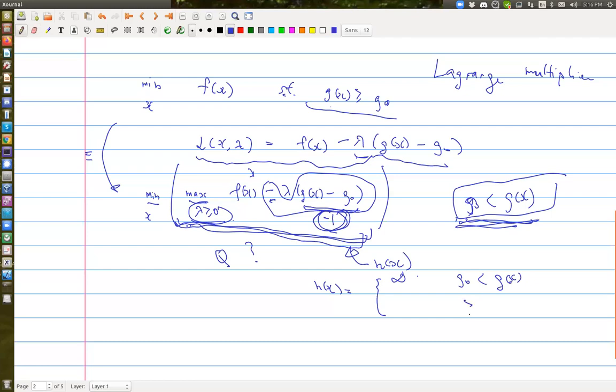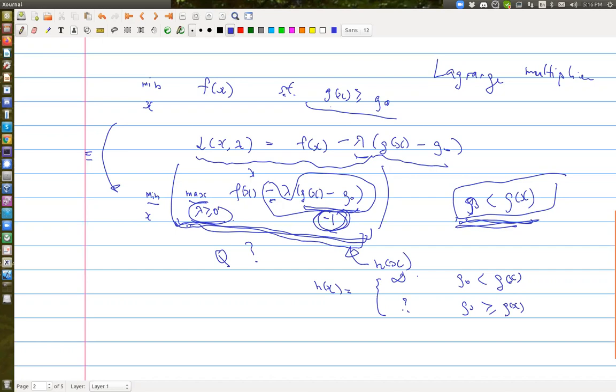So now if g0 is bigger than gx, what do I have? What's this thing? Yes.